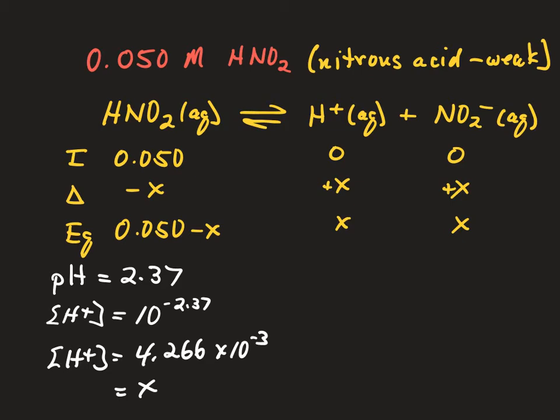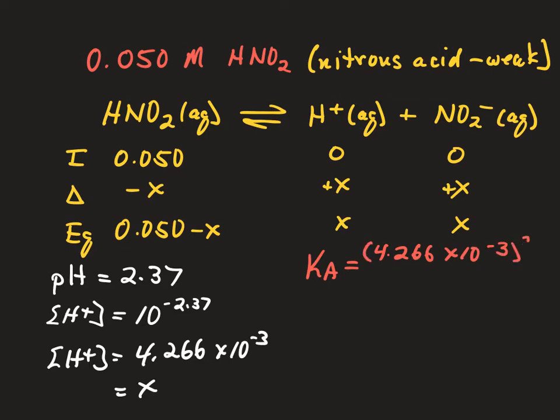So now we can go back and find our Ka by putting in x. 4.266 times 10 to the minus 3, squared, divided by 0.050 minus 4.266 times 10 to the minus 3.